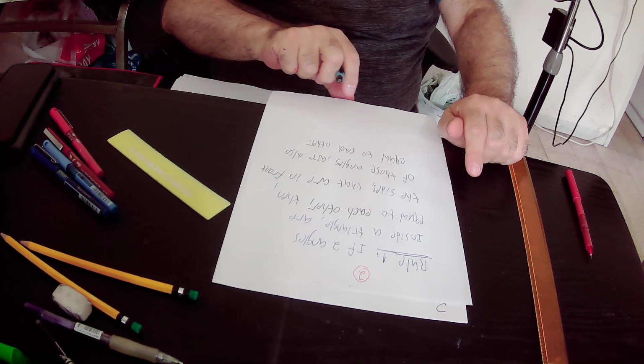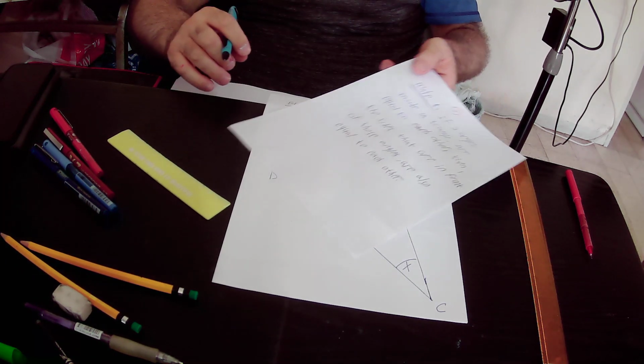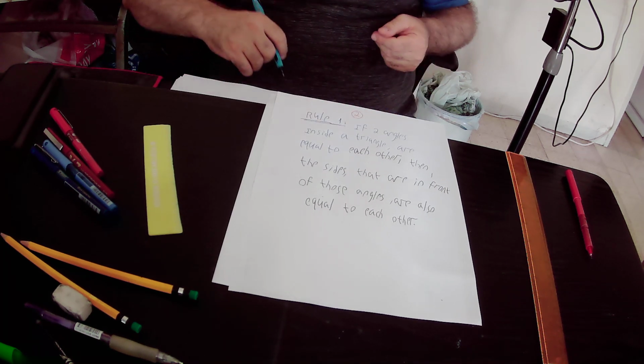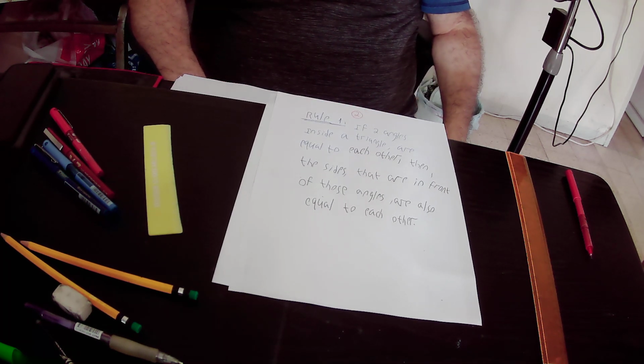So I will read rule number one again. Rule number one states that if two angles inside the triangle are equal to each other, then the sides that are in front of those angles are also equal to each other.